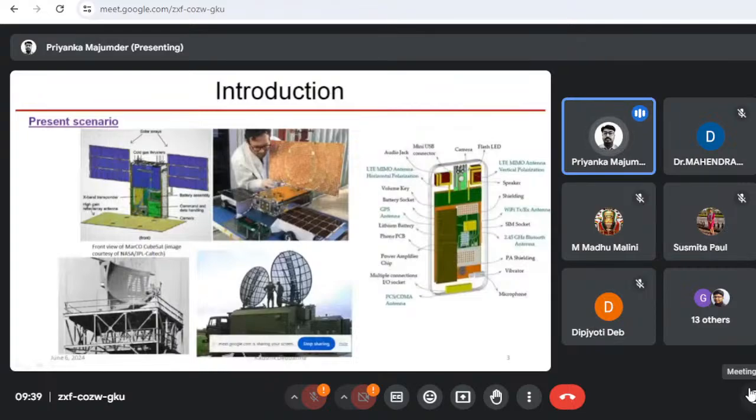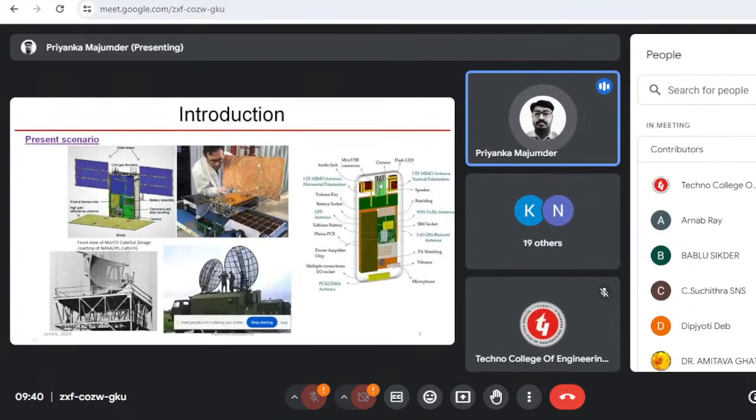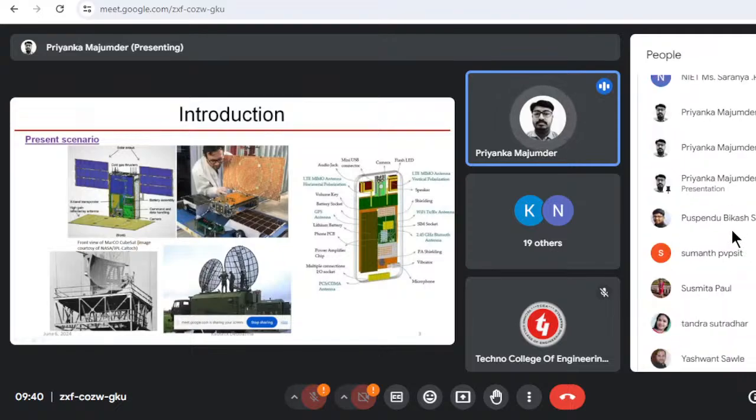Then, if we go to the bottom left, we see a picture of an antenna that is pretty common in any airport. Even while taking off or landing, you will see this kind of antenna in pretty much all the airports.